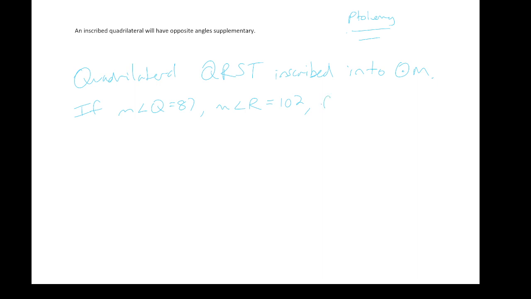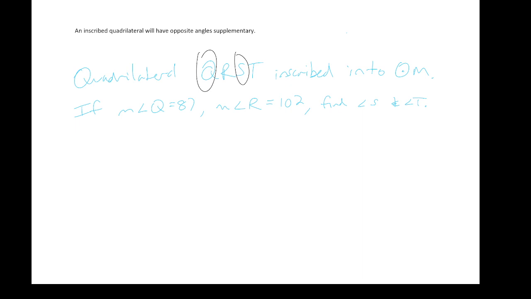If we have the measure of angle Q, I'm going to find angle S and angle T. Now, we don't even have any sort of picture here, which is fine. But remember, opposite angles. So what's opposite in a quadrilateral? It's pretty straightforward. Remember, we're going to skip a letter.